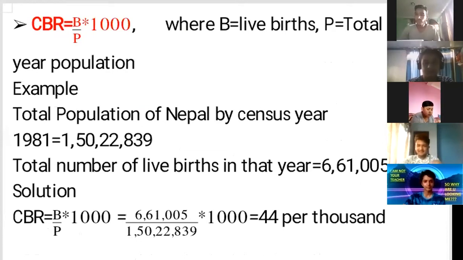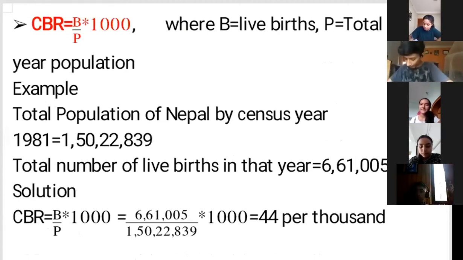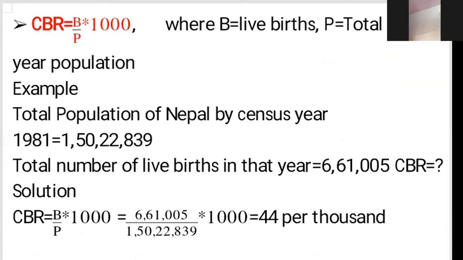You can see on the screen that I have mentioned the formula first, with its meaning and an example to clarify the CBR. CBR, the crude birth rate, is the first measurement of fertility rates, the first demographic measurement.